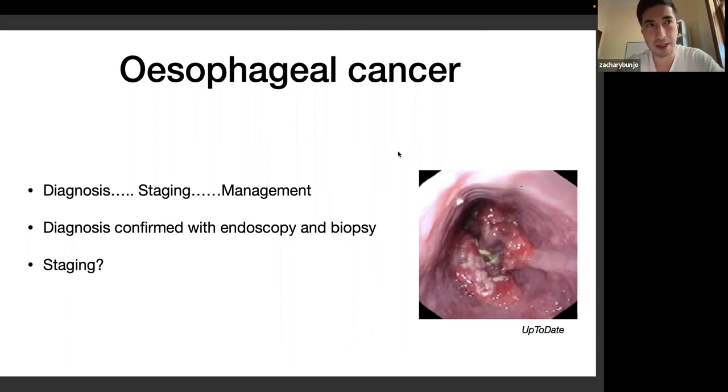And the other advantage with an EUS is that if there are any suspicious lymph nodes, you can potentially do an EUS guided biopsy of those nodes. That's another one that you probably read a reasonable amount about in textbooks and UpToDate, but it isn't super common in hospitals around the place in SA.